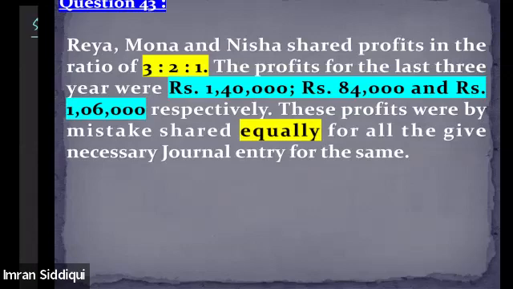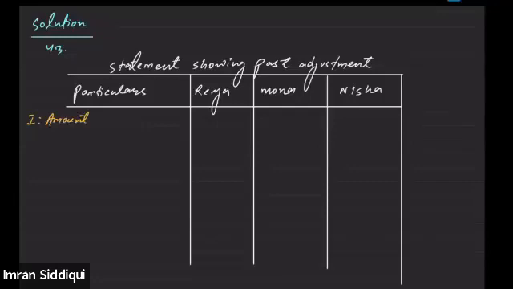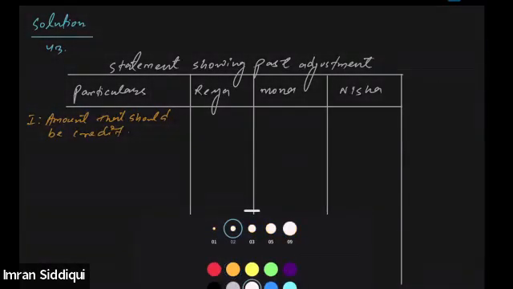Okay, so the first component that we will be writing in this statement will be the amount that should have been credited.